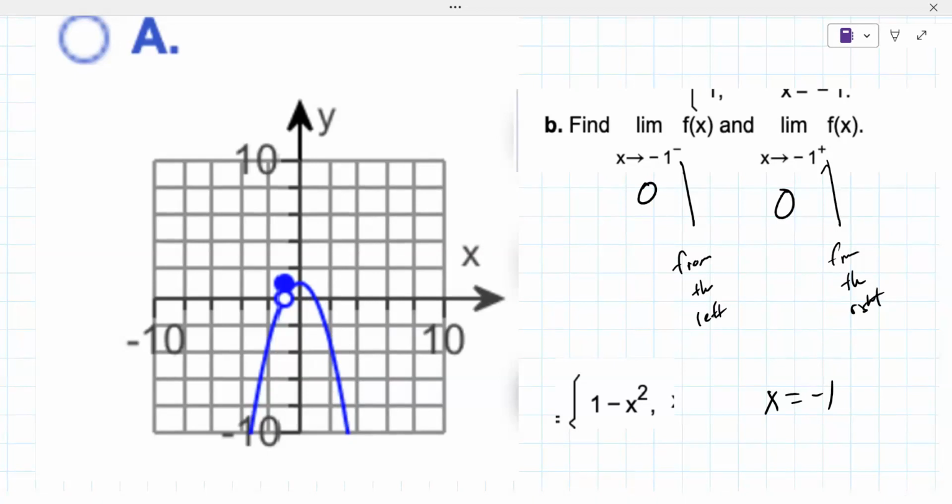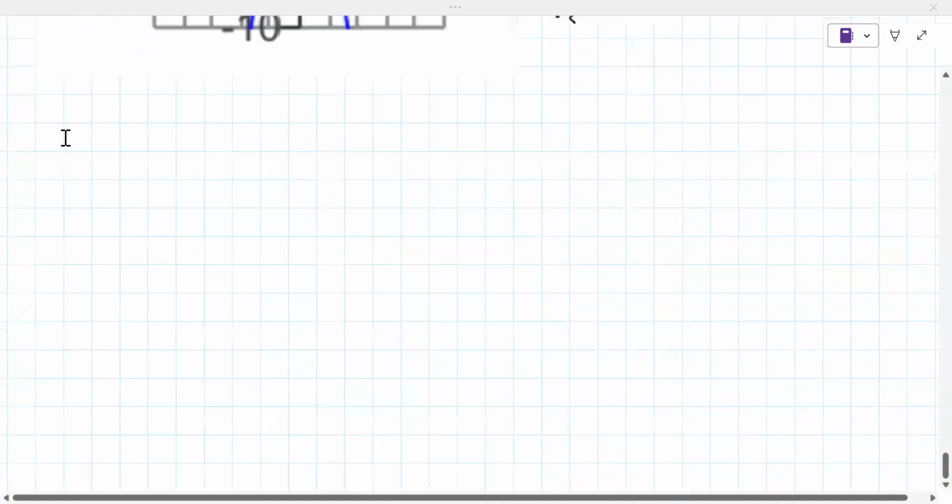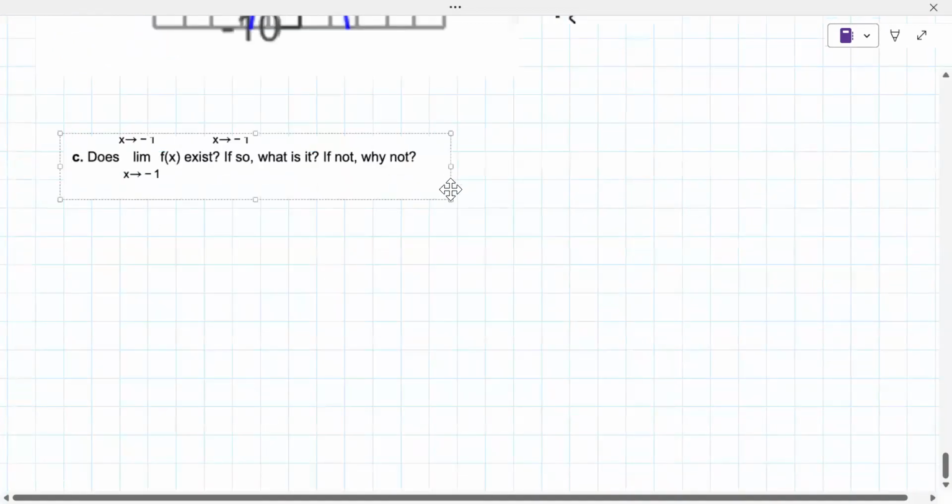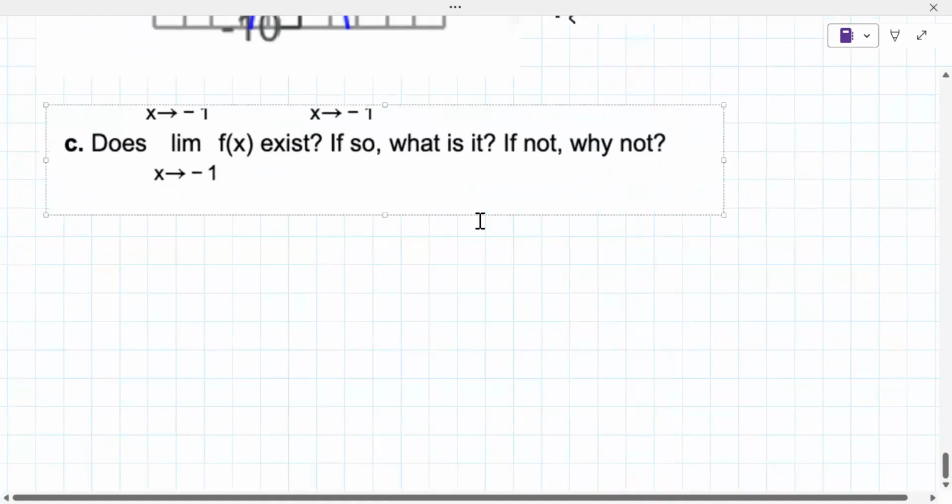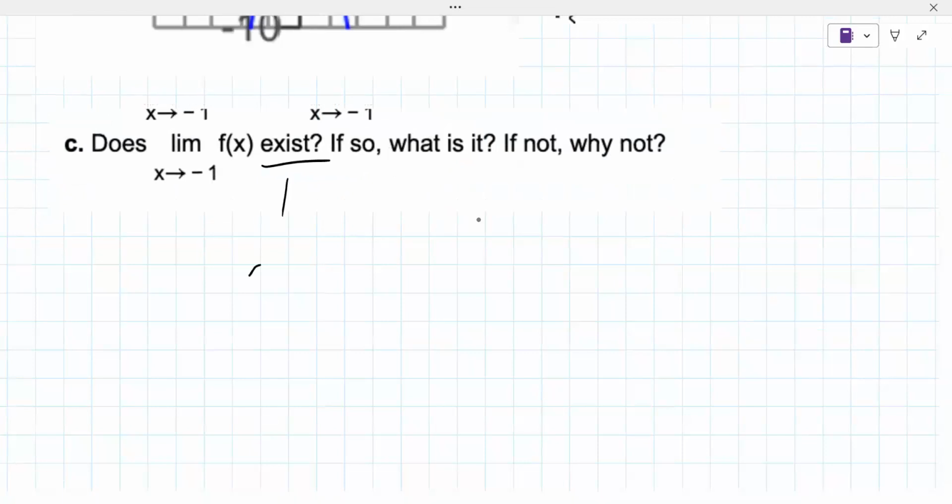So now when it asks in part C, because I'm assuming B is boxes, does the limit exist? Well, it exists if it's the same from the left and from the right. So it's the one that says yes, it exists. It's 0. Yes.